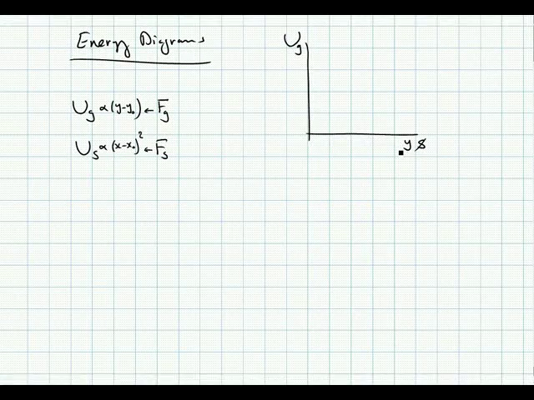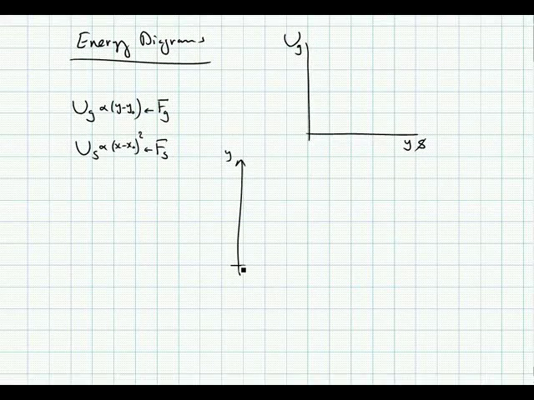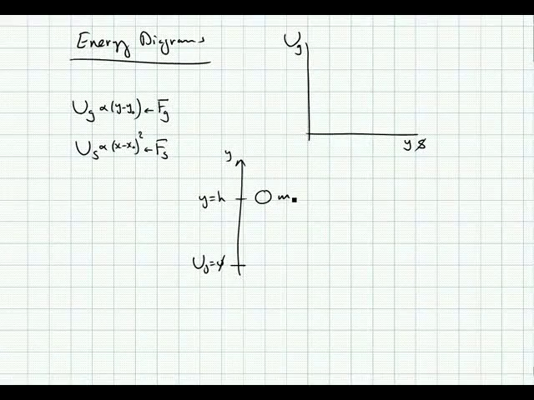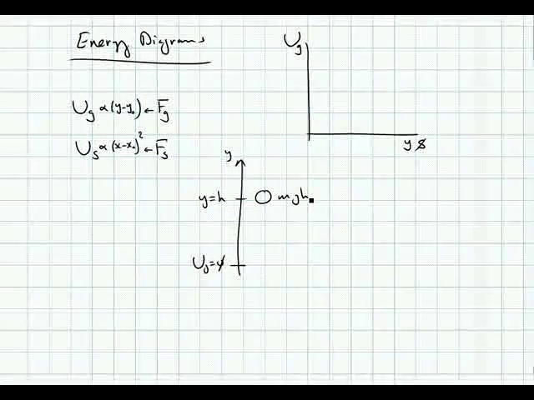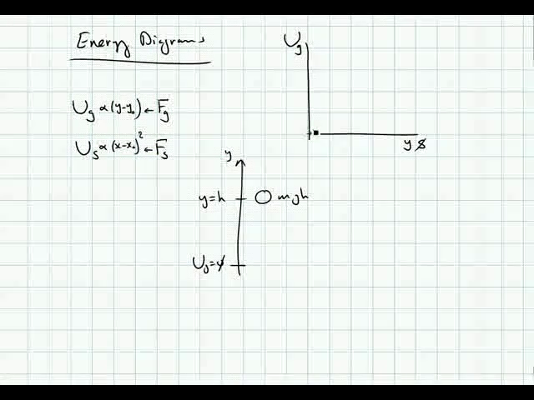If we consider an object's potential energy in the y direction, if we call this our zero level, an object which is at y equals h, for example, has a potential energy of mgh, as we saw before. So at y equals 0, the potential energy is 0.